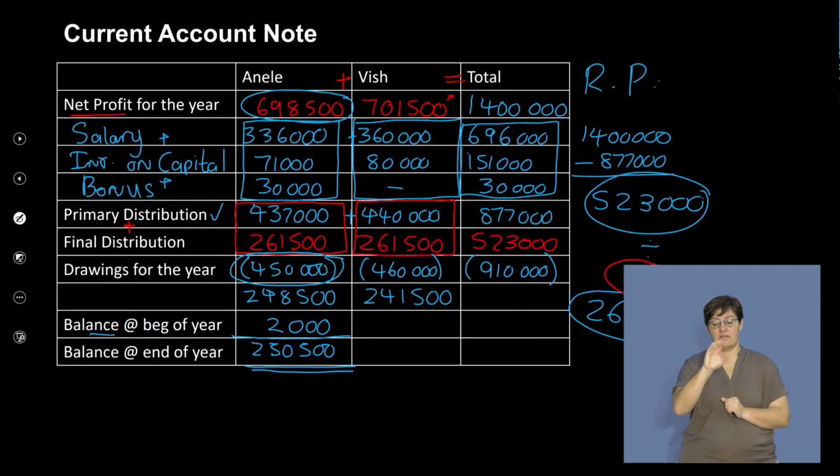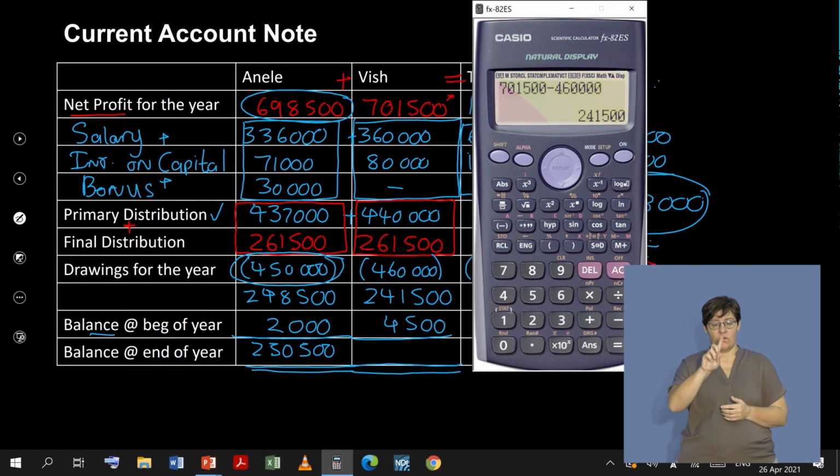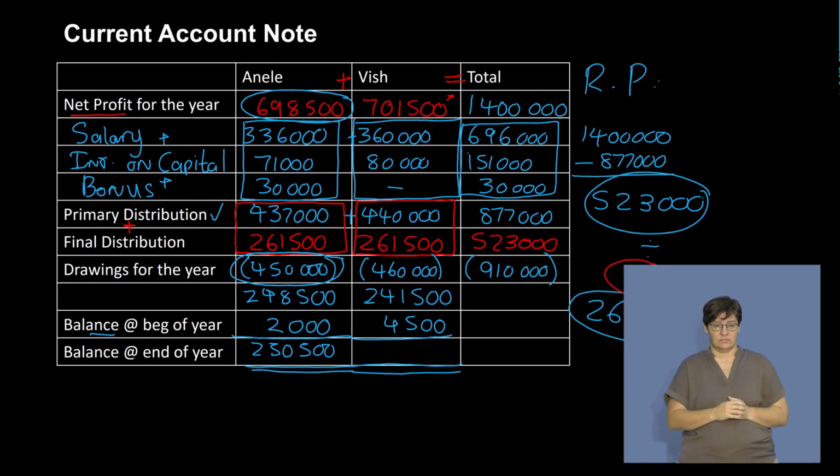So let's go and fill that in, 4,500. And at the end of the financial year, his current account balance is an amount of, let's get the calculator out, 241,500 plus opening balance 4,500 to give us an amount of 246,000.